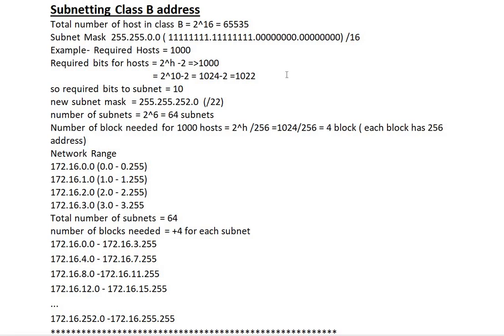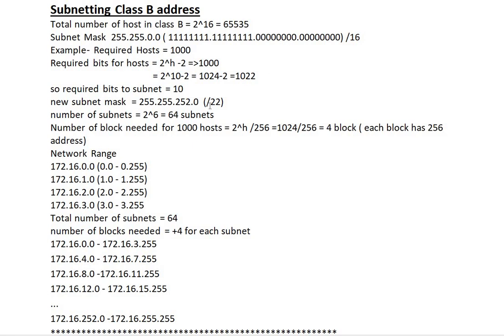Now the next thing is, if we use 10 bits for host representation, what is going to be the new subnet mask? We take 10 bits for host, for example 8 plus 2 more. The remaining bits are 6.